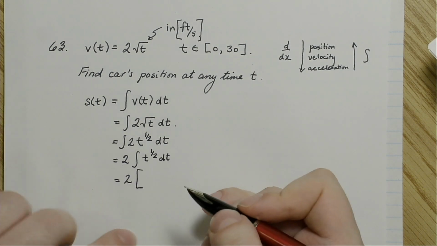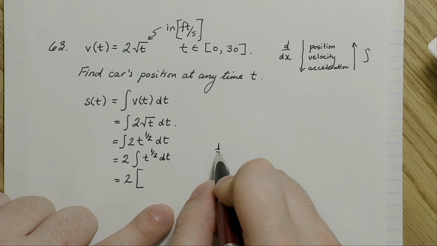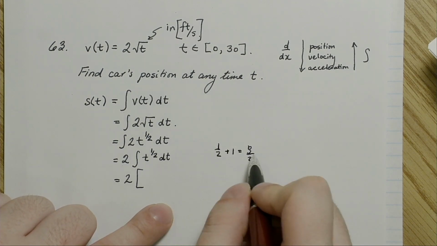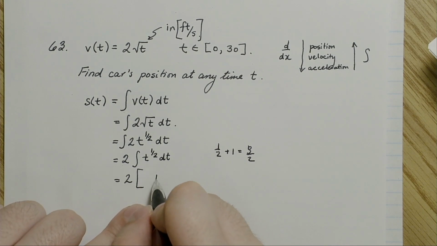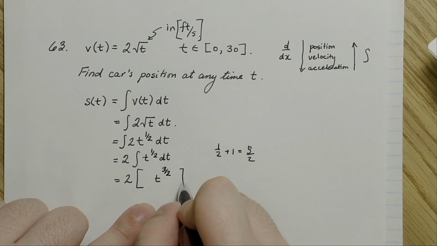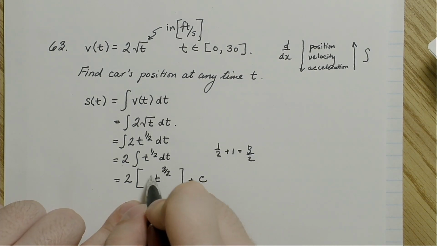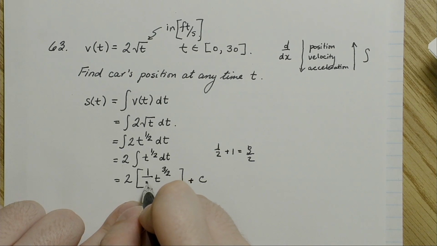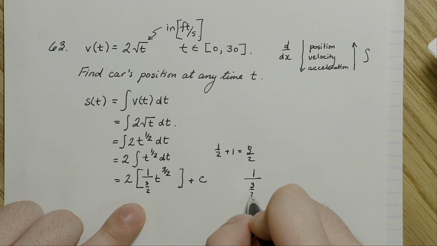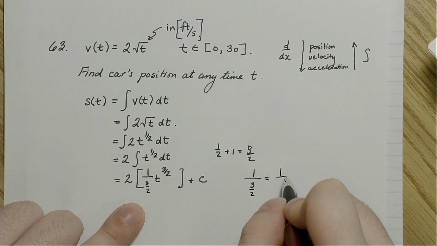Now I'm going to integrate this. Again, the exponent goes up by 1, so this is going to be t to the 3/2. It's constant. And then 1 over 3/2. And 1 over 3/2 is equal to 1 over 3 times 2 to the 1.